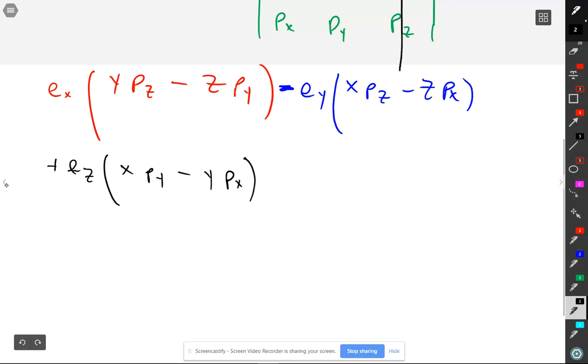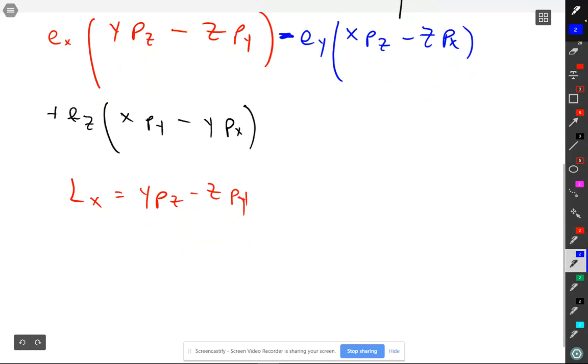Crossing out the row and column for that one, I have determinant is x p y minus y p x. So now I have my 3 terms, one in the x direction, one in the y direction, one in the z direction. So just picking them off, since this one in red is the x direction, I have L subscript x equals y p z minus z p y. For the y direction, because of the minus sign, I'm going to reverse the order.